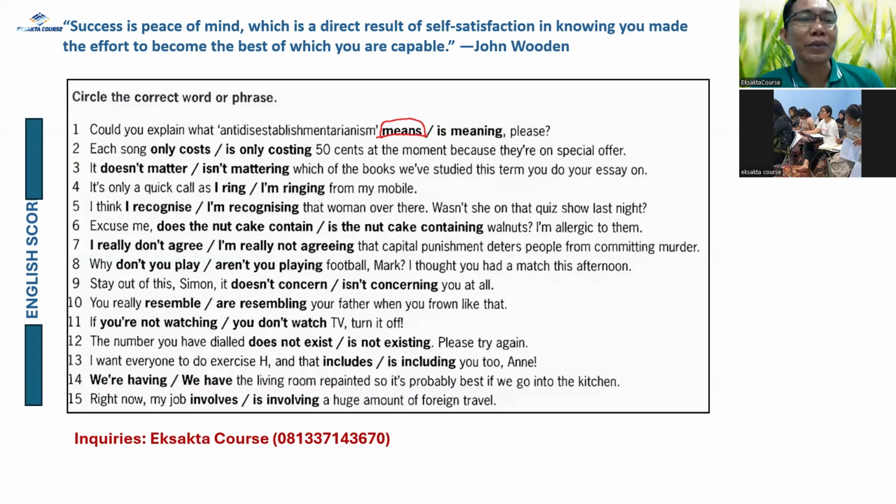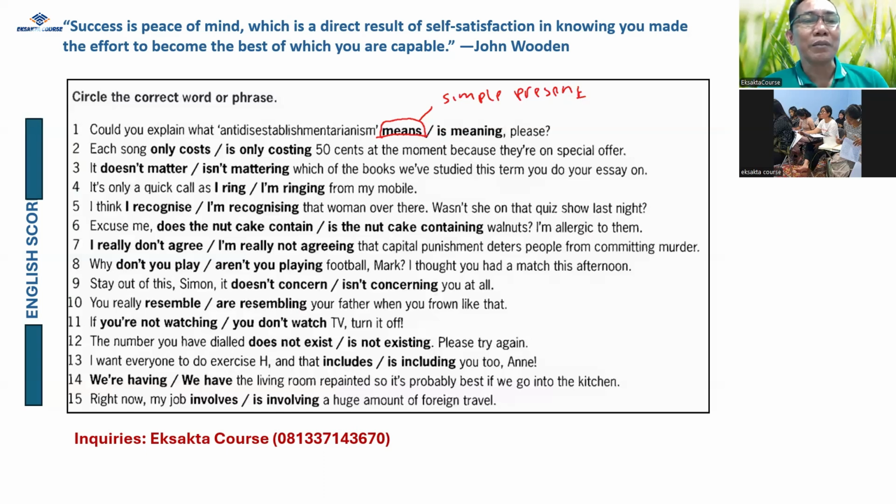Number 1, there is could. Could you explain? It is a polite request. So here use means because it is talking about the explanation, so the subject becomes it. If the subject is it, the verb 1 uses s or es if there is a verb in the sentence.